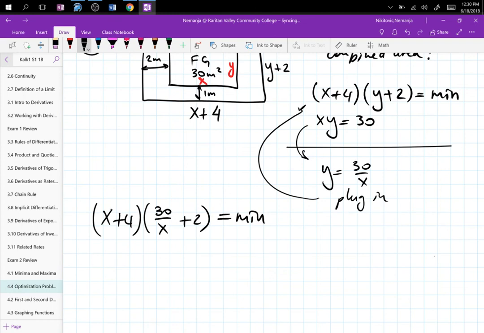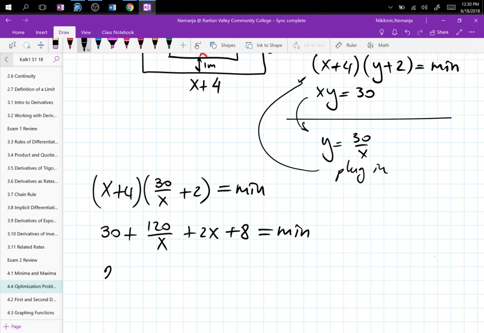That's x times 30 over x, that's just 30, plus 120 over x, plus 2x, plus 8, equals a minimum. So we have 2x plus 120 over x, plus 38 equals a minimum.